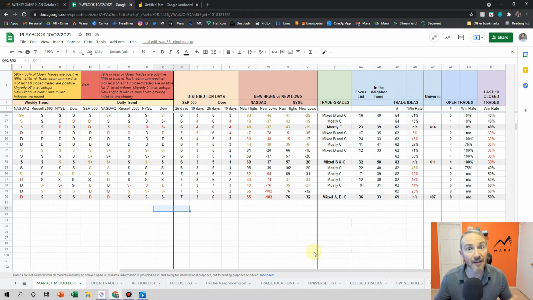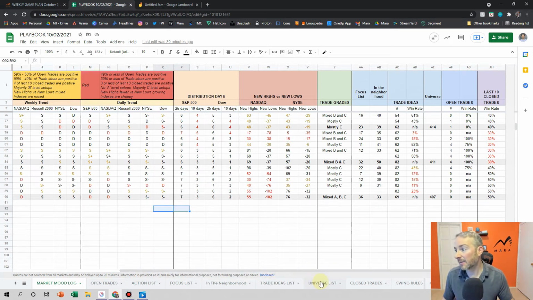Something is out of sync, and again, it's another way to see if I should be betting my normal size, betting heavier than my normal size, or betting lighter than my normal size. So that is a brief insight into the market mood log.